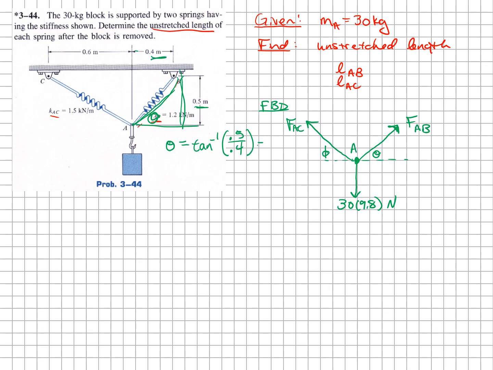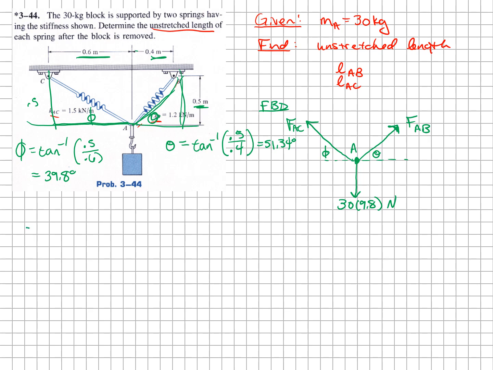And so that angle is 51.34 degrees. And then phi, we're defining as this one. The angle whose tangent is the opposite, again 0.5 here, over the adjacent now for this one, 0.6. So this angle is 39.8 degrees.